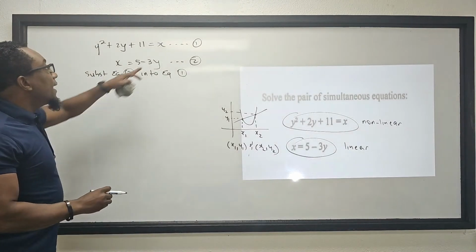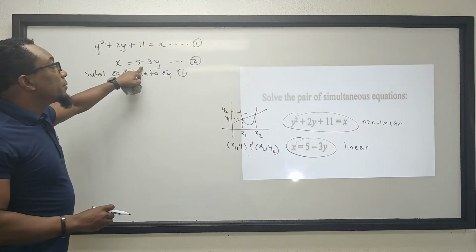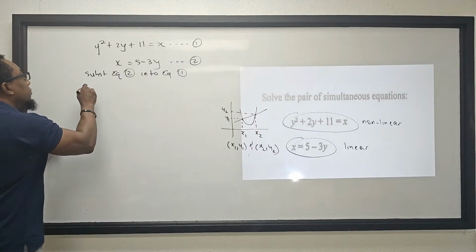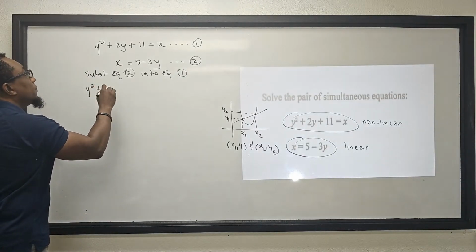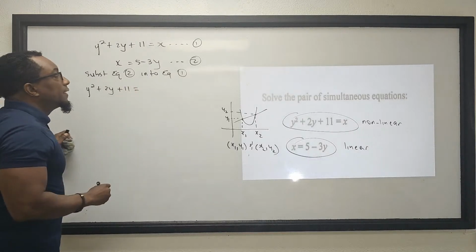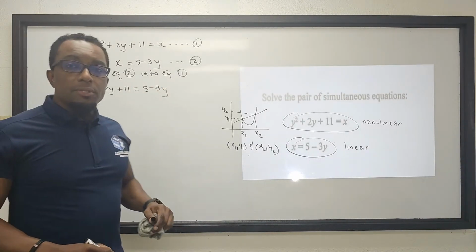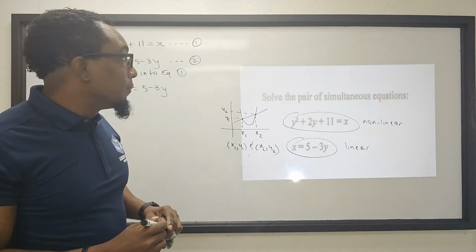So where I see x in equation 1, I'm going to replace it with 5 minus 3y. So this will become y squared plus 2y plus 11 is equal to 5 minus 3y. So this is me substituting equation 2 into equation 1.